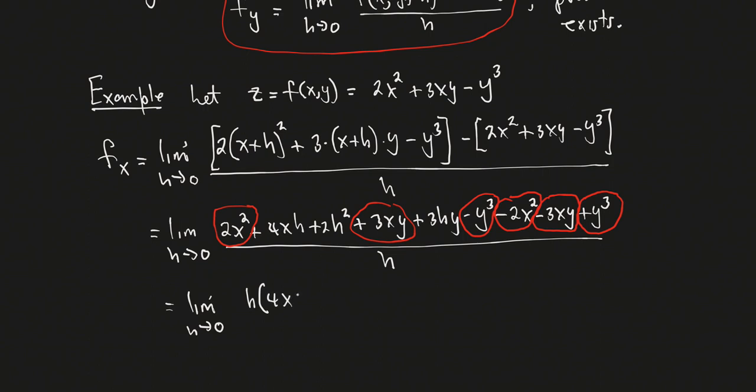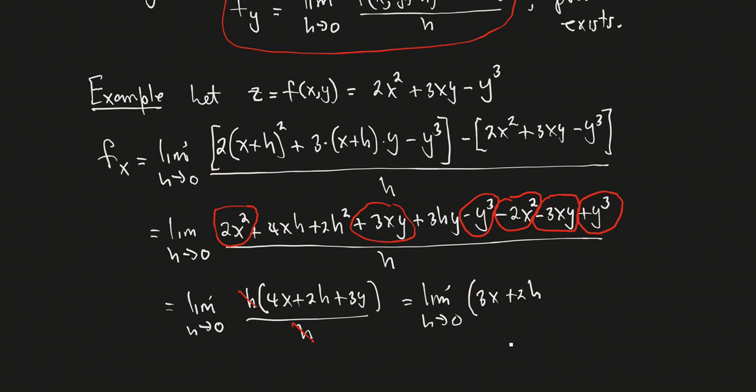That leaves 4x plus 2h plus 3y, right? And then we just have the h in the denominator. So now I can reduce, right? So factor and reduce, and then I'm left with the limit as h approaches 0 of this quantity 4x plus 2h.